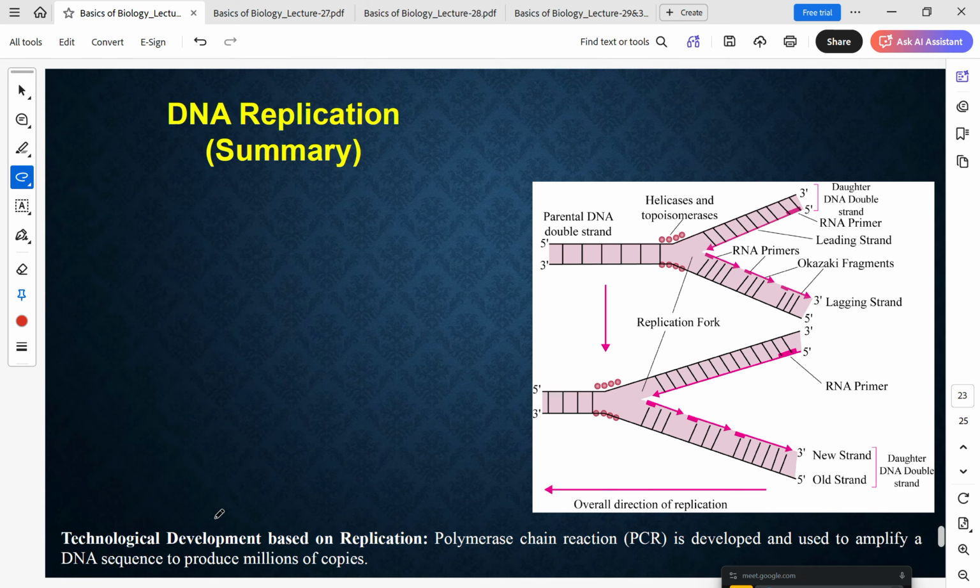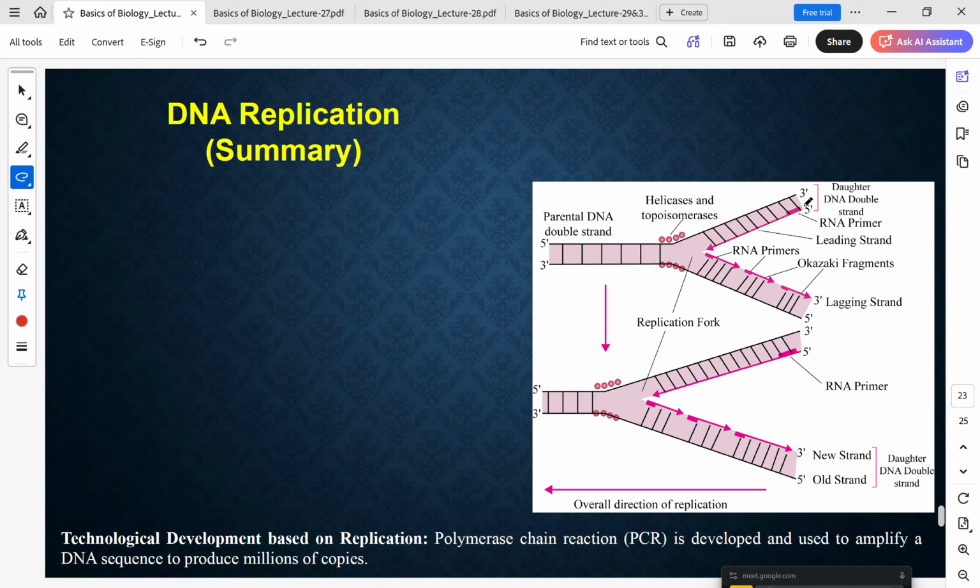So, to summarize, first the machinery needs to locate where it needs to start the replication. It creates a small RNA primer or a DNA primer. Then the machinery starts copying the DNA.